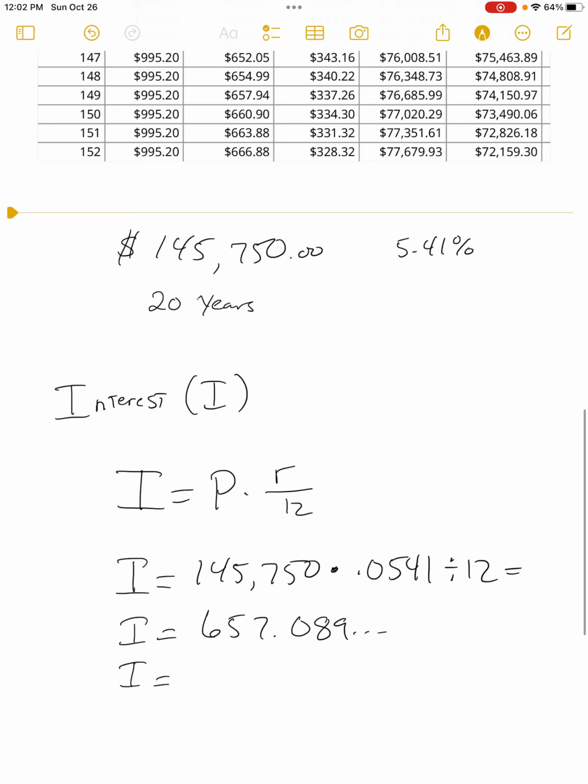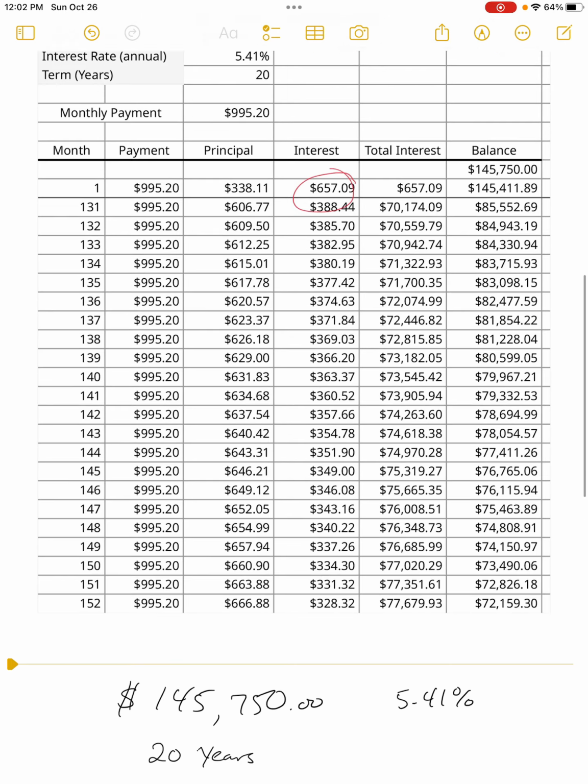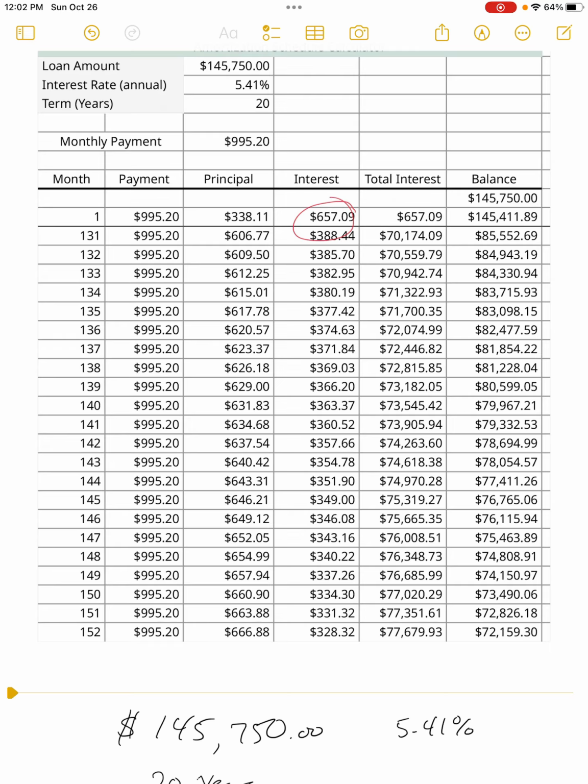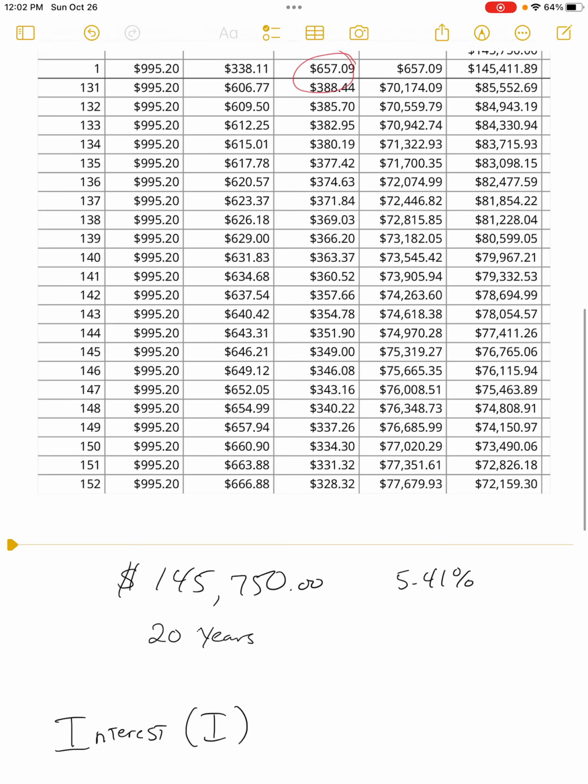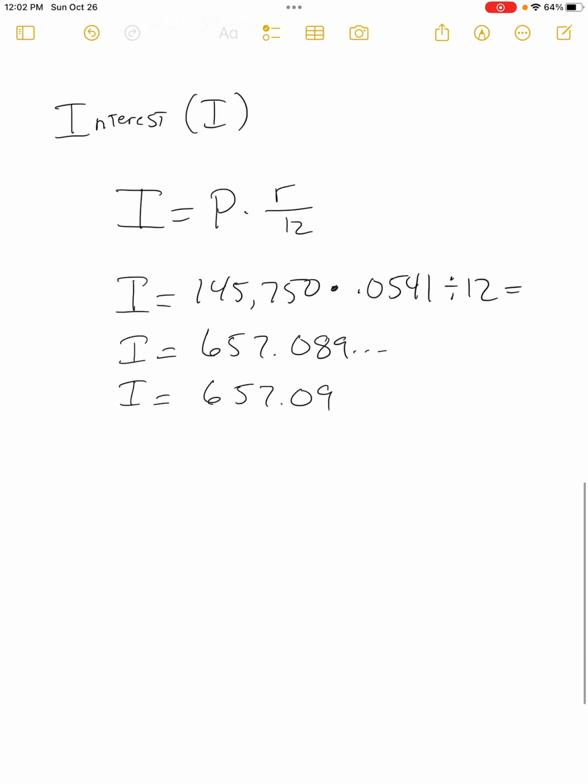That's what came out. So the interest part of the payment I'm going to make is $657.09. Notice that matches exactly with what I circled up there in red. Exactly what they thought would be the interest that month is what's there, $657.09.